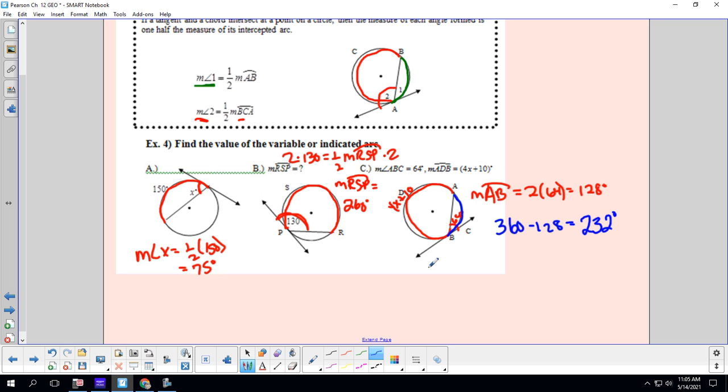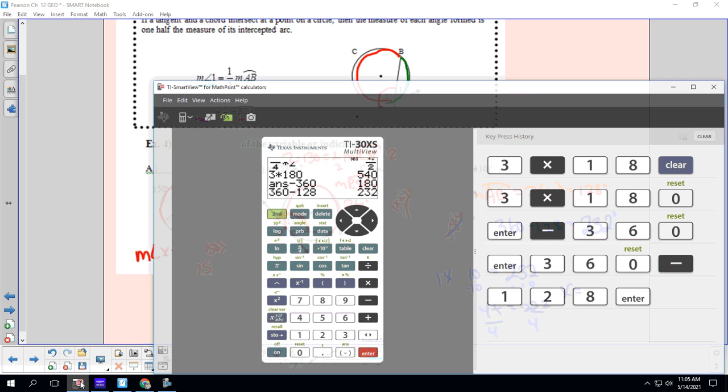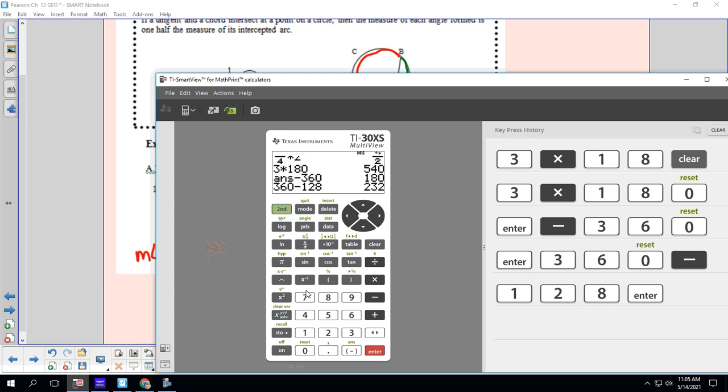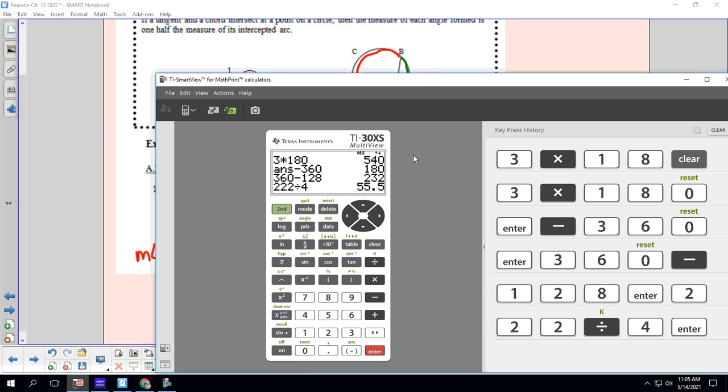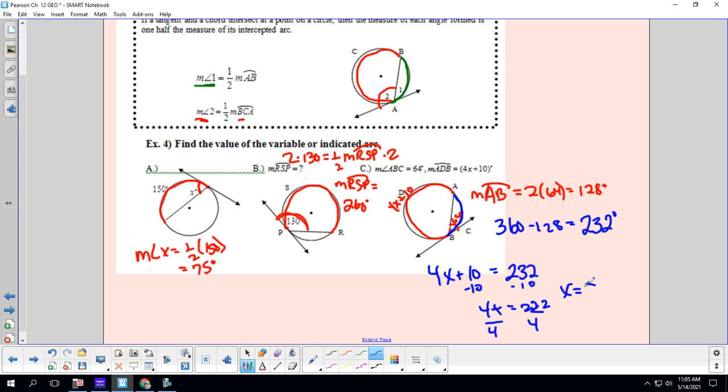Okay, so we know 4x plus 10 is equal to 232. Minus 10 from both sides. 4x equals 222, divided by 4, and x is equal to, get the calculator, 222 divided by 4, 55.5. I guess we'll say degrees.